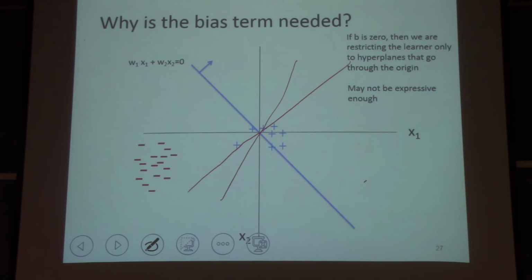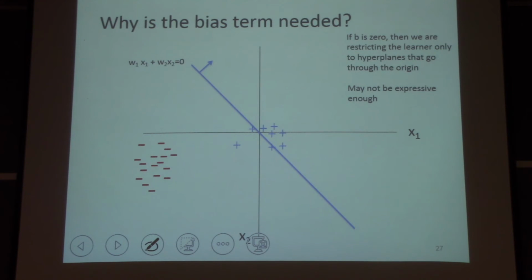By introducing the bias, suddenly you allow yourself to search the space of all possible functions, including this one, for example, which you did not allow your learning algorithm to explore before.